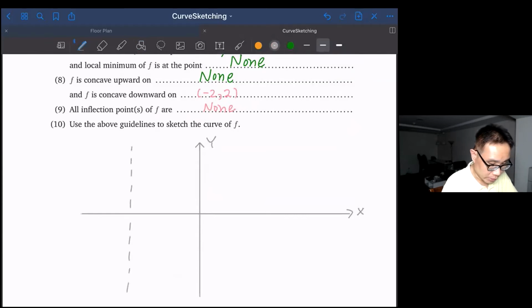Okay, I'm going to make this one a little bit larger. Okay, so this one is -2 and 2. Okay, and you see that you have x-intercepts at √3 and -√3, about 1.7. Okay, so this one is √3 and -√3. And you have log 4. Okay, log 4 is about 1 point something. So let me have my log 4 here. Log 4 is about 1 something.